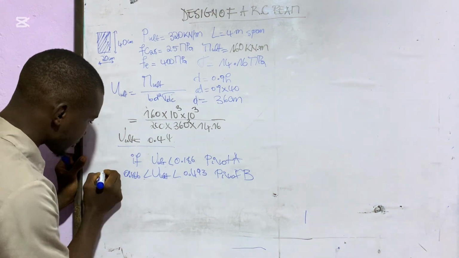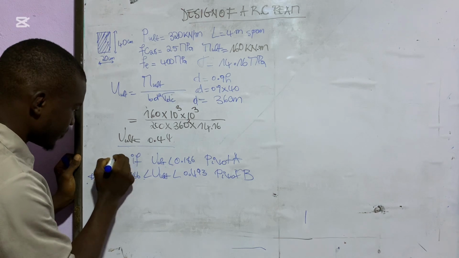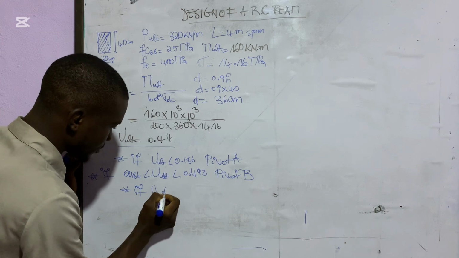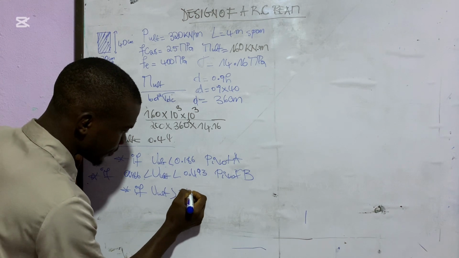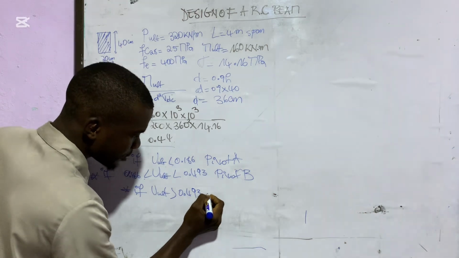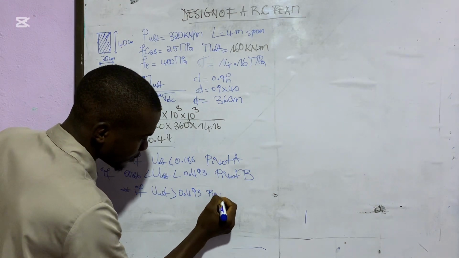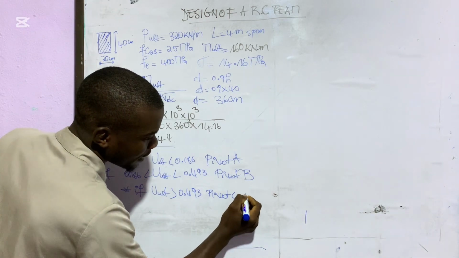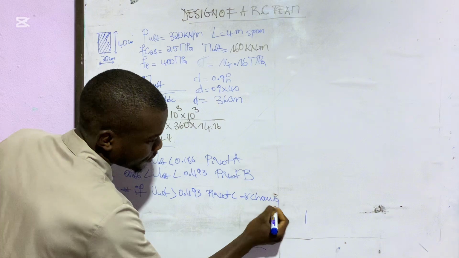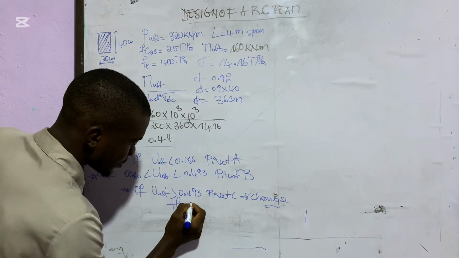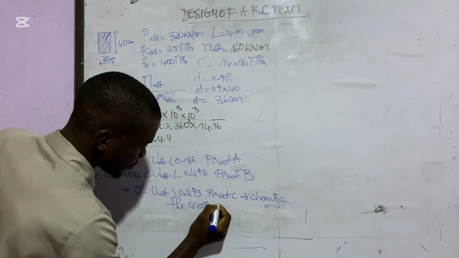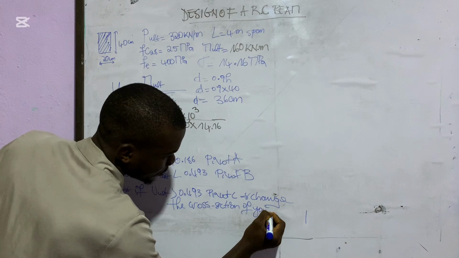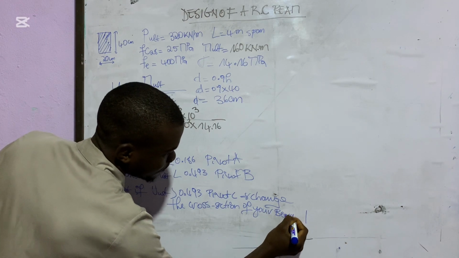Now this is the first, this is the second, and this is the third. If your mu ultimate is greater than 0.493, then you are in pivot C. Pivot C simply means that you have to change the cross section of your beam.